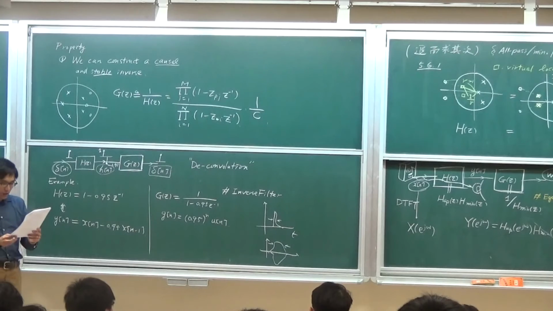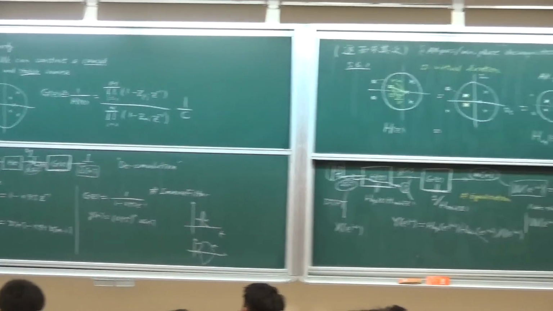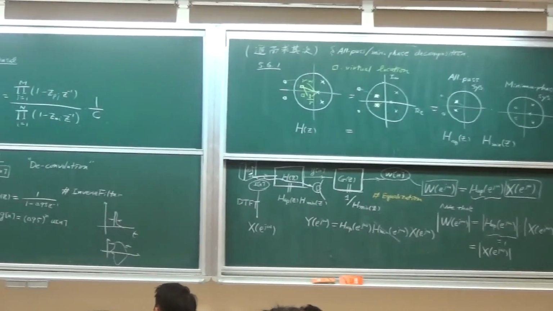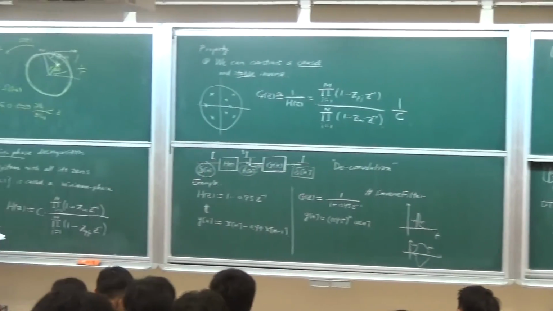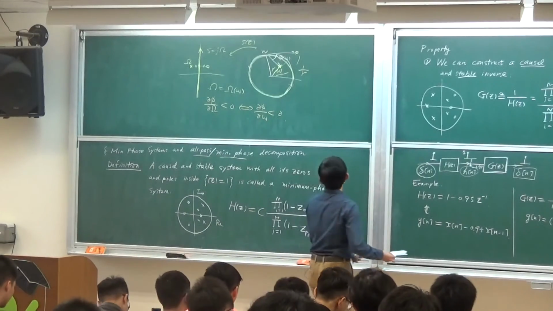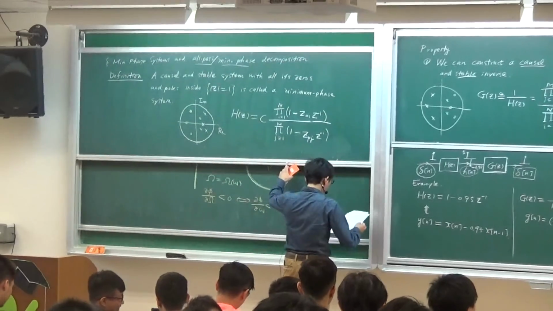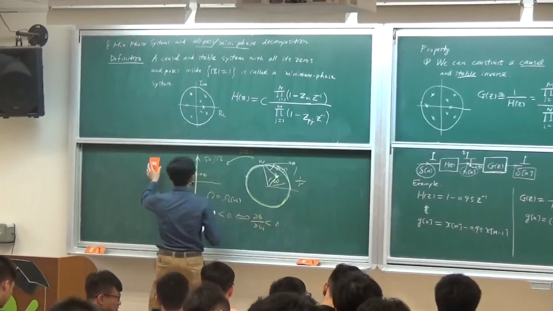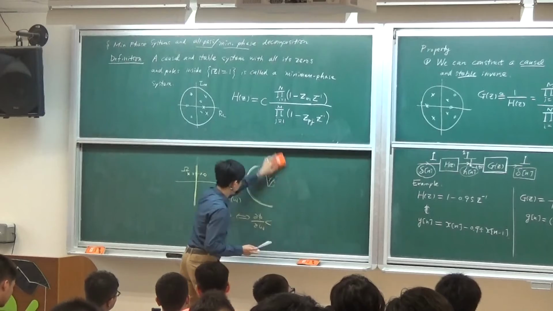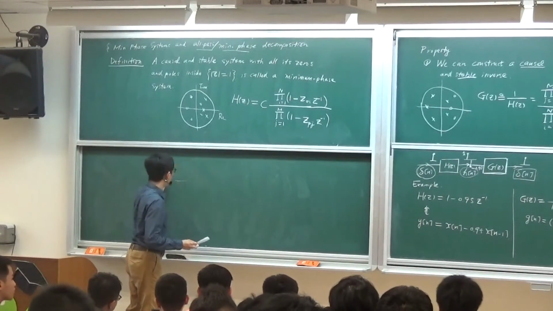Okay, so let me briefly touch upon a few additional properties for a minimum phase filter. Let's get back to the minimum phase system. I want to share with you three additional properties. We probably won't be able to prove them, but let me just list them.